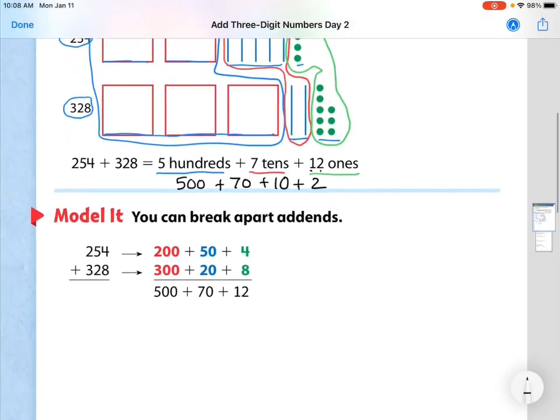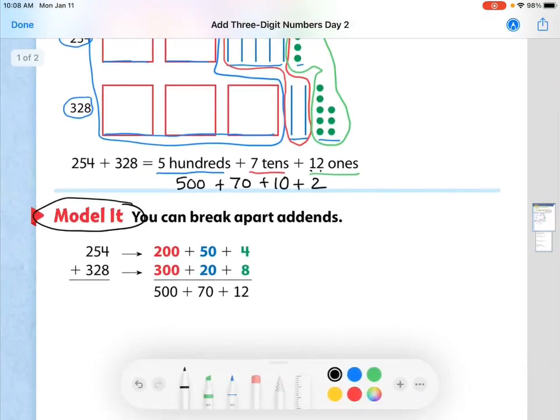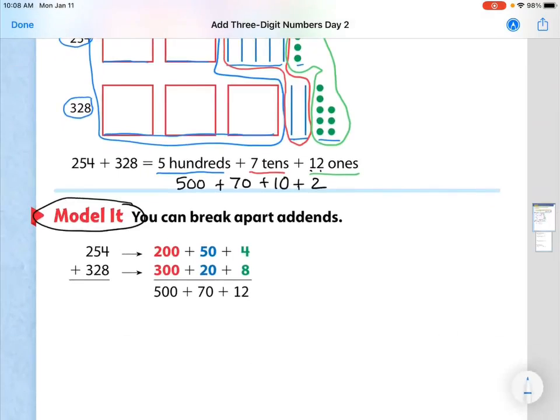Let's take a look at the other example. They're saying, you know what, we could take these numbers and break them up and use expanded form. That's one of my favorite ways to do it. So they're saying that 254 is the same as 200 plus 50 plus 4, and 328 is the same as 300 plus 20 plus 8.